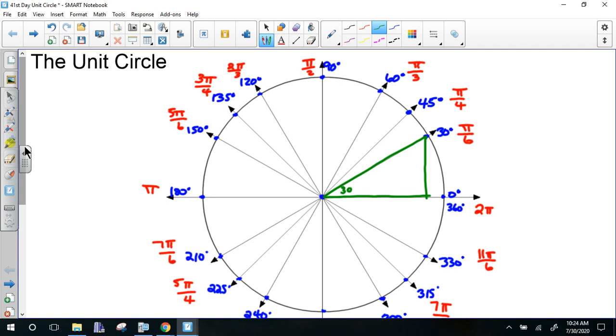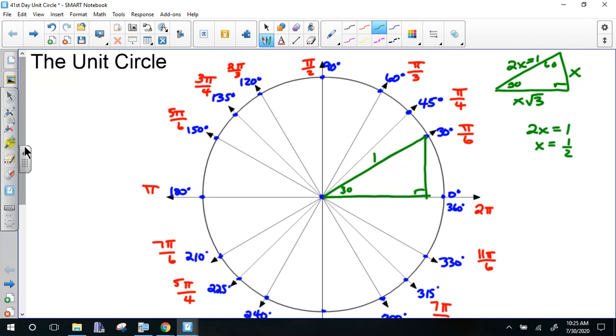And if that's 30 degrees and this is a right angle, the radius of a unit circle is 1. Always 1. And if you remember from Math 2, I believe it is, if you have a 30, 60, 90 triangle, your short leg is x, your long leg is x square root of 3, and your hypotenuse is 2x. So if I know my hypotenuse is 1, I can figure out that x equals 1/2. Well, what's my x distance?